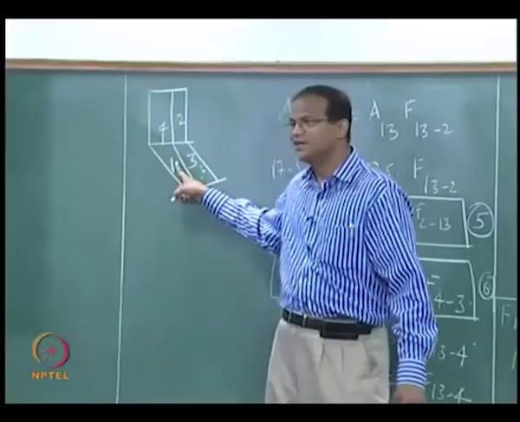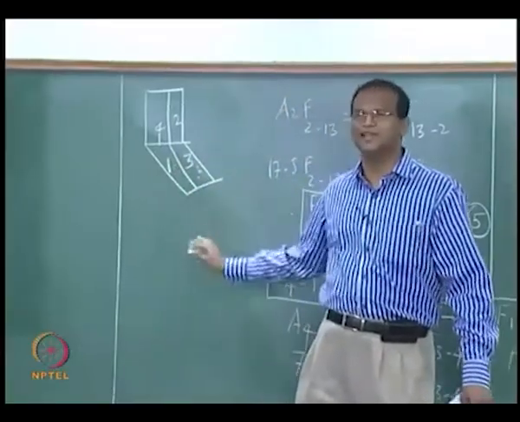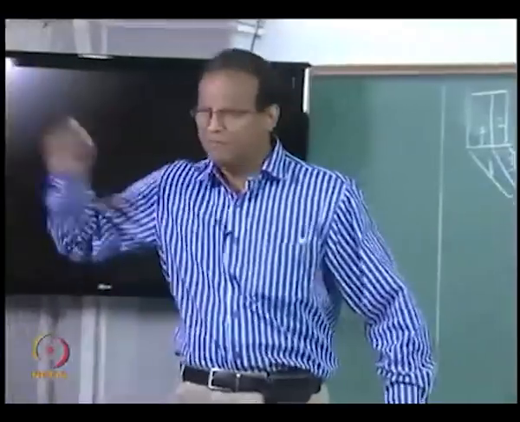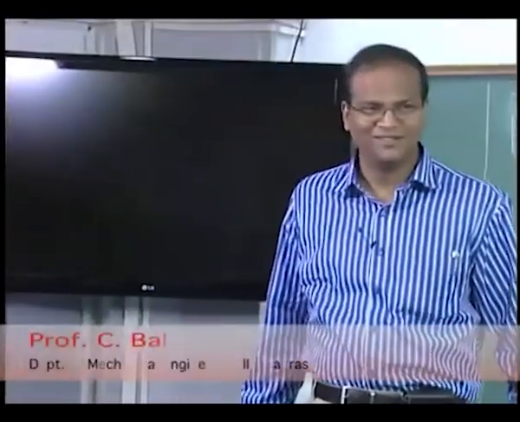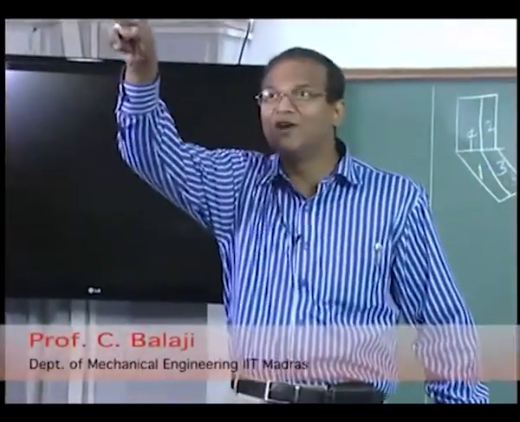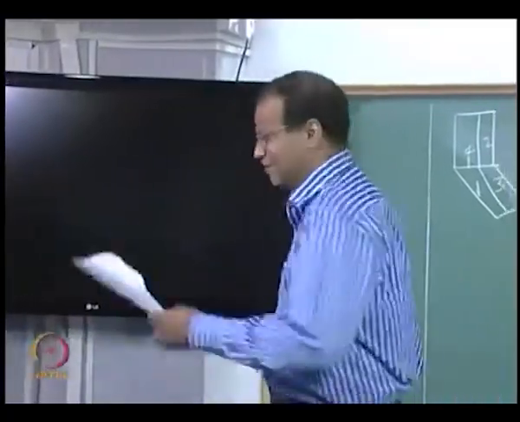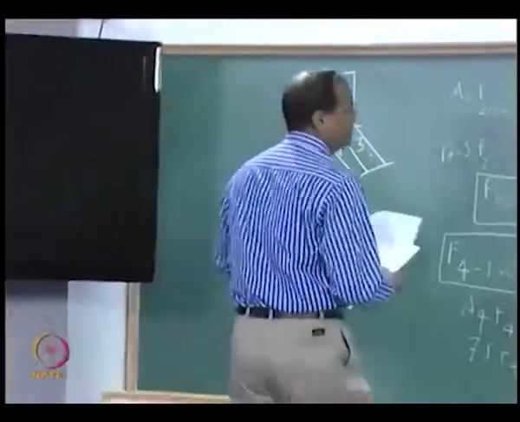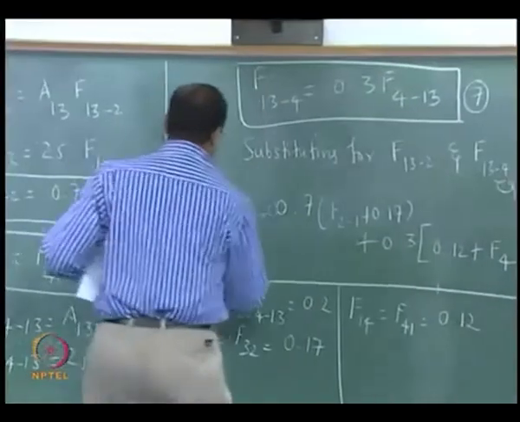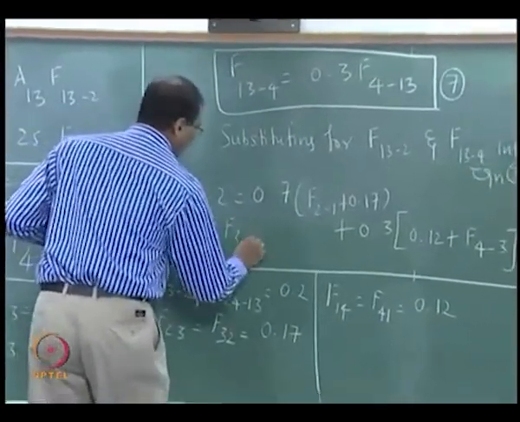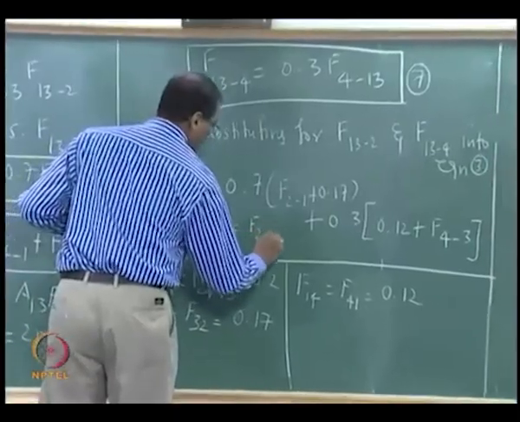Unless you make this common sense, this problem cannot be solved. F1 F2 you will keep on doing. That is where you reduce the number of unknown factors by 1. Now the critical step is F34 equal to F21.